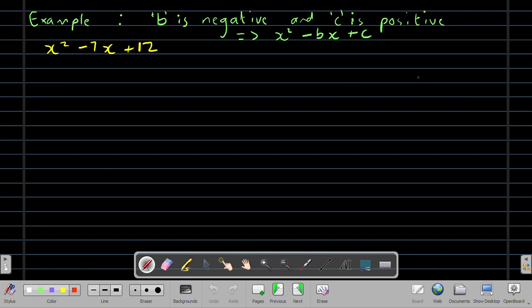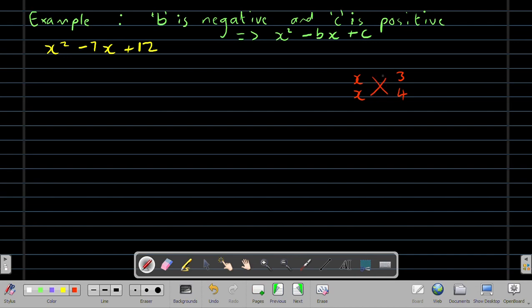We'll do the same thing we did before. We find the factors of x squared, which are going to be x and x, right? And then we find the factors of 12. So in this case, we will use 3 and 4, right?